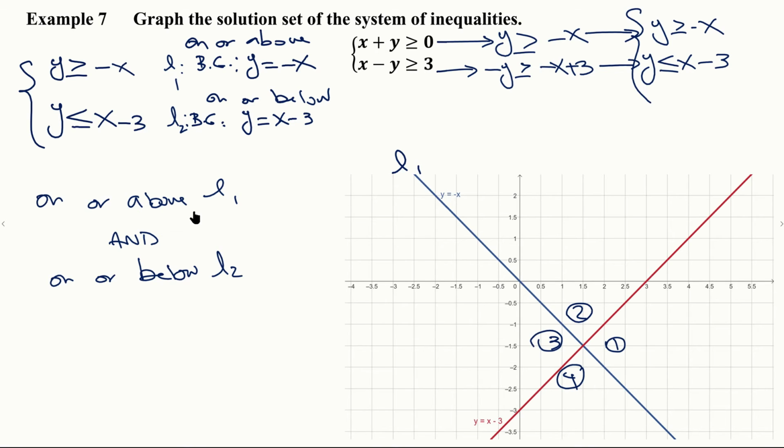So that it's on or above L1, but at the same time on or below L2, which is the red graph, right? As you can see, I didn't name it 1 on purpose. It just worked out that way. So the solution graph would indeed be region 1, right? Think about it for a second.